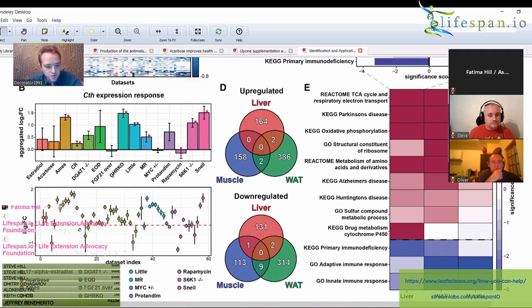On the lower panel, we have the same shown for each individual data set. So here every color represents a certain intervention. For example, all yellow dots are caloric restriction data sets, and the upper panel shows how these individual points aggregate together into an aggregated response.